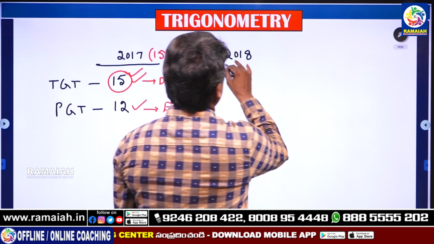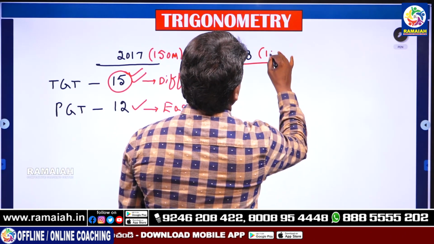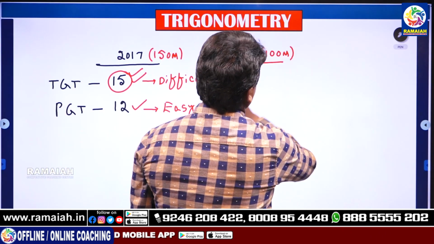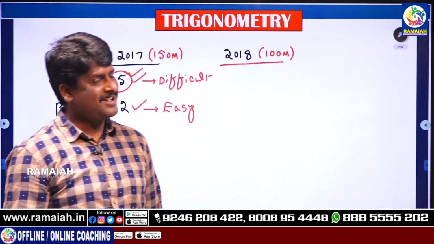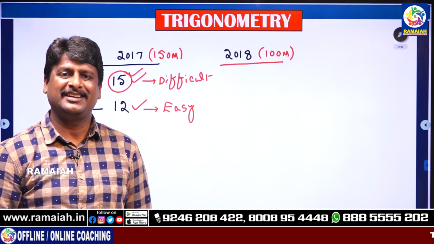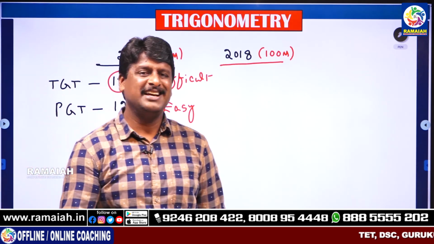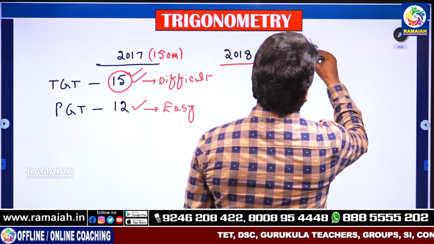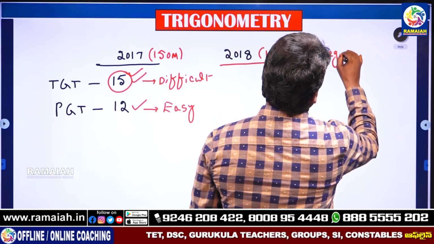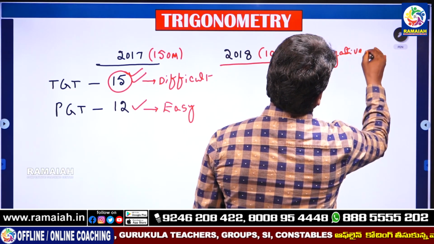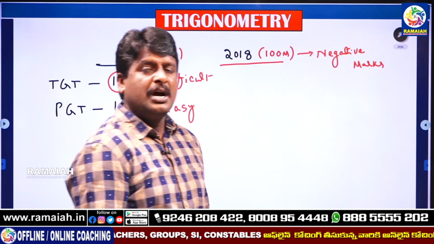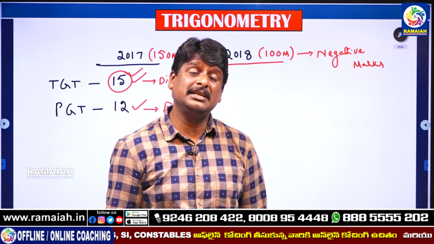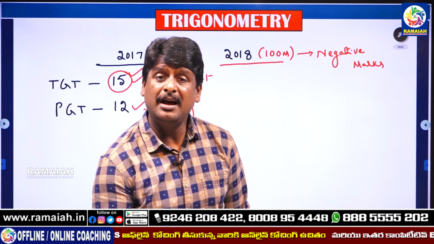While coming to 2018, here the question paper is for 100 marks only. 100 questions, 100 marks with negative marks. Here the negative marks system is also there. How will the negative marks be allotted?